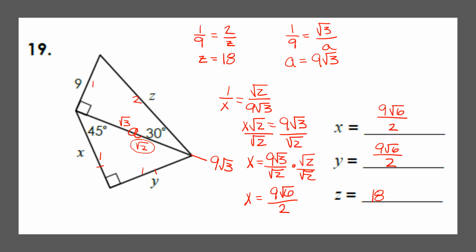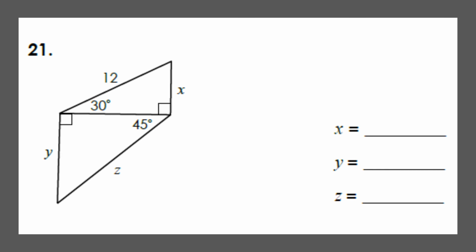Keep moving forward. Number 21 again combines the 30, 60, 90 and the 45, 45, 90. So on the 45, 45, 90 I have measurements of 1, 1, radical 2. And I'm going to switch colors here. On the 30, 60, 90 I've got 1, 2, radical 3.